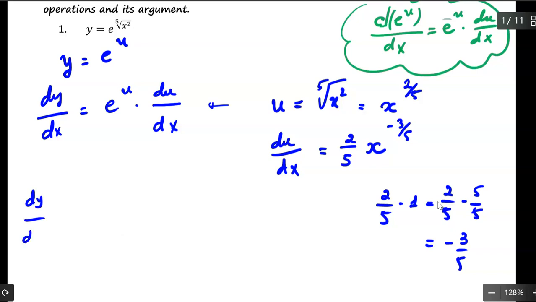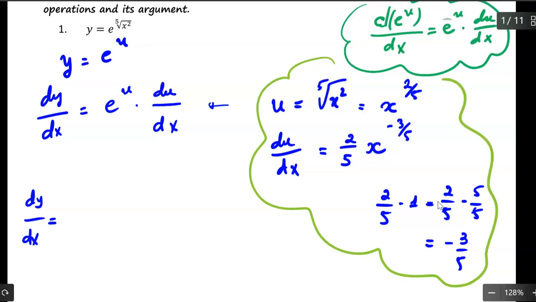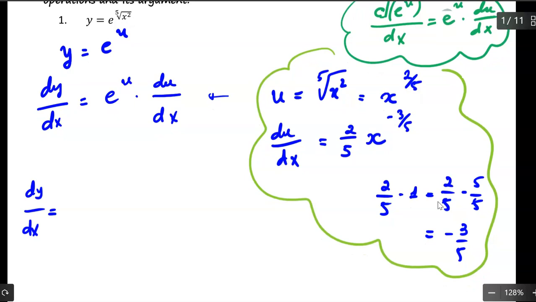So dy over dx will be equal to, let me put this in this area so we can separate our work. dy over dx is e to the exponent u, so we write e to the exponent fifth root of x squared, and I multiply that with 2 over 5 x raised to the exponent negative 3 over 5.